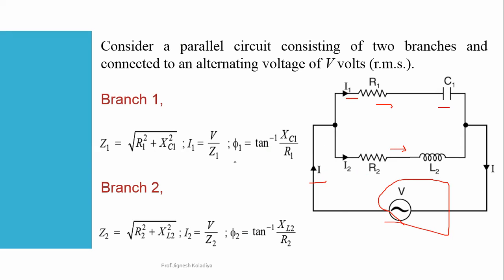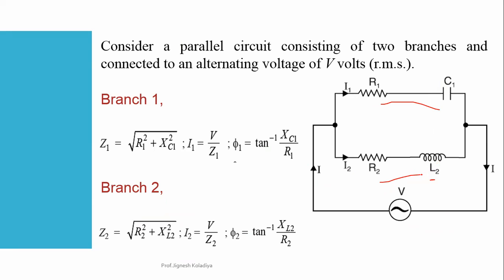In branch number 1, a capacitor is connected in series with resistance, so the output response is capacitive, and here an inductor is connected in series with resistance, so the output response of branch number 2 is inductive. So you can consider branch 1 as an RC series circuit and branch number 2 as an RL series circuit.